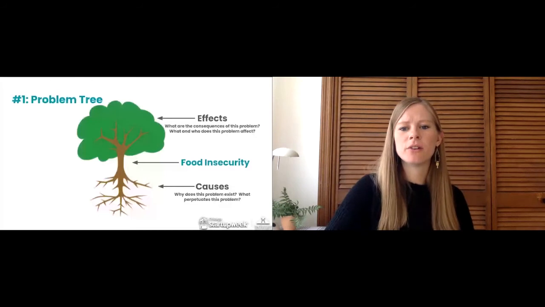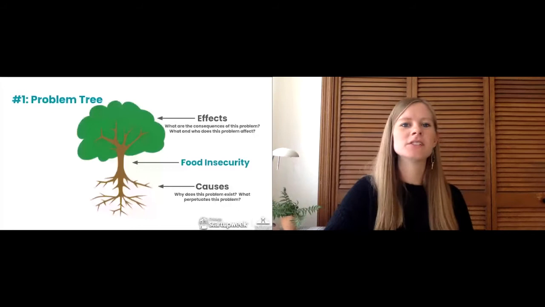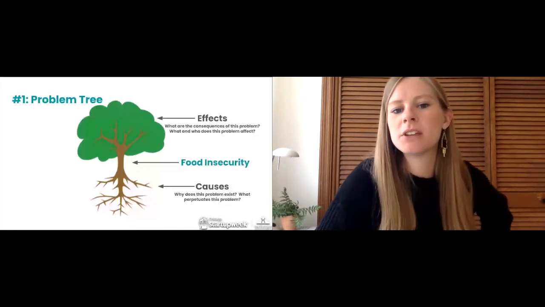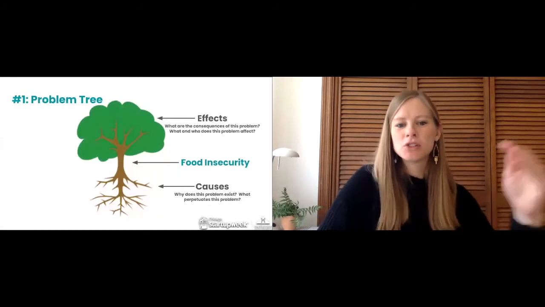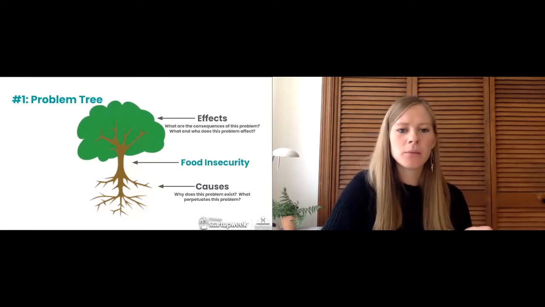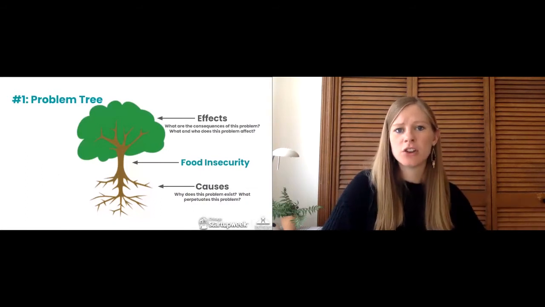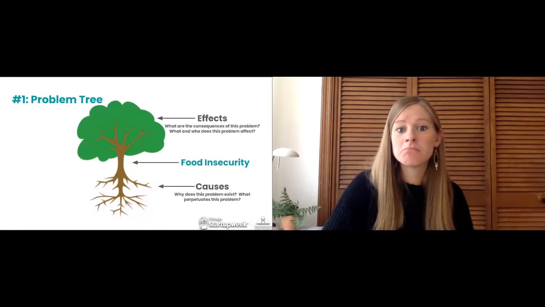But if you are a little stuck on, okay, I would love to bring some sort of solution to this issue of food insecurity, but I don't know where to start, then with the problem tree you could think about causes. So why does that exist? What perpetuates the problem? In particular, in different contexts where food insecurity is prevalent. And then you can think about the effects. So because of food insecurity, what are the consequences? What and who does this problem affect?